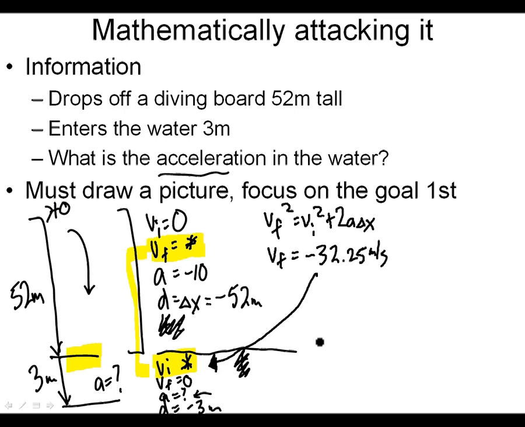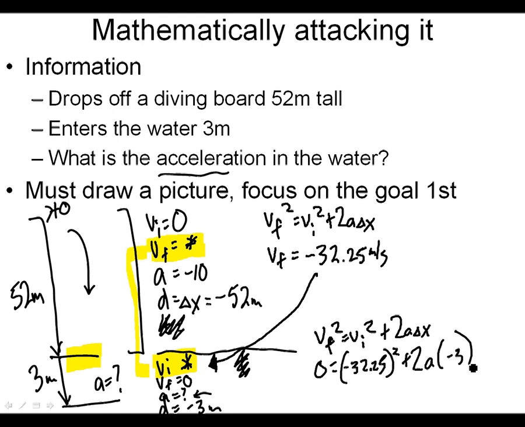And so now we can look at our second part. V final squared equals V initial squared plus 2AD, or delta x. Our final velocity is 0. Our initial is -32.25 squared plus 2A delta x. You get an acceleration to be positive 173 meters per second squared.